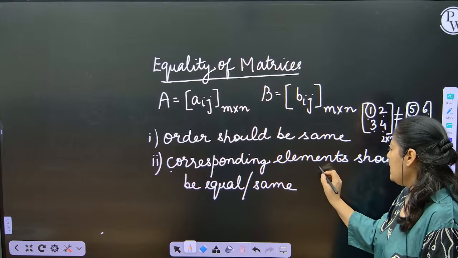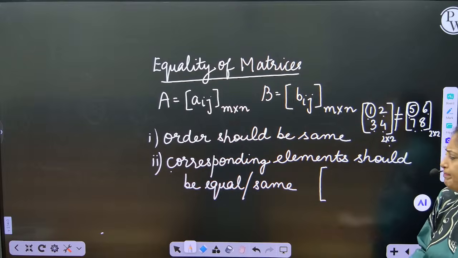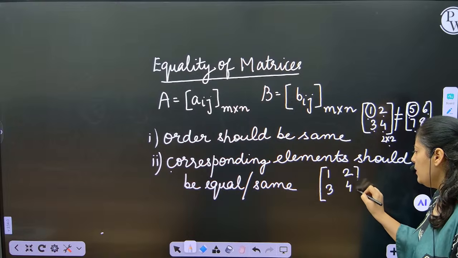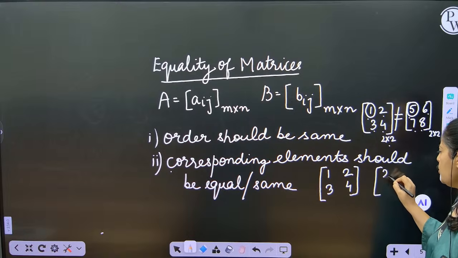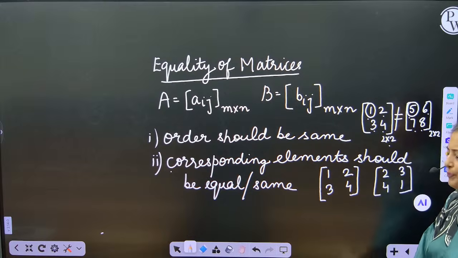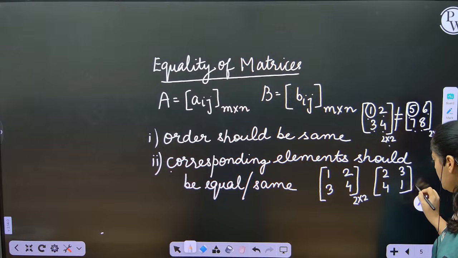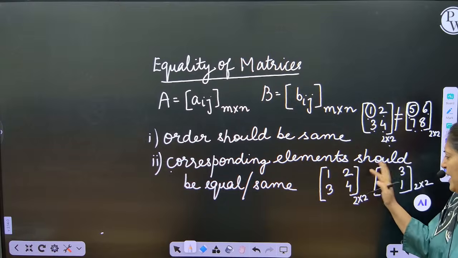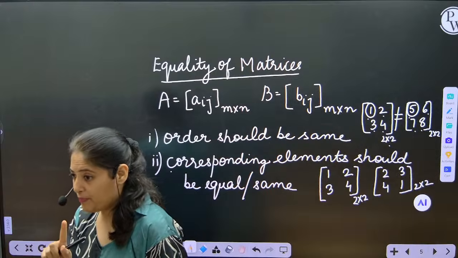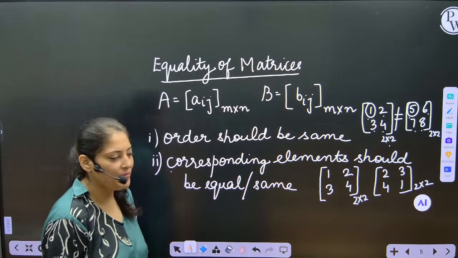Similarly, let me take another example: 1, 2, 3, 4 and 2, 3, 4, 1. The order is the same, 2 cross 2. The elements are also the same, but the corresponding elements are not the same.